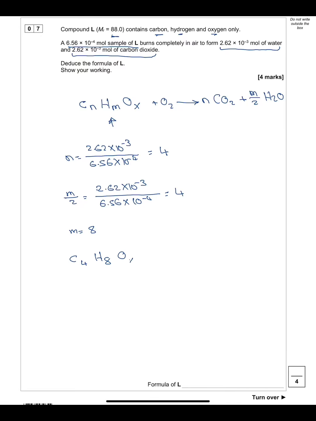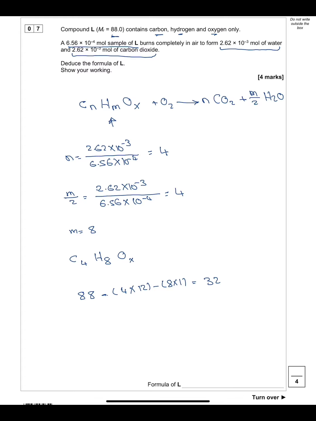Now we need to find the number of oxygen atoms in the molecules. The molecular mass of the molecules is 88, which means the remaining part, which is the oxygen, will come from 88 minus the mass of the carbons, which is 4 times 12, and minus the 8 times 1, which comes from the hydrogen, which means the remaining here is 32.